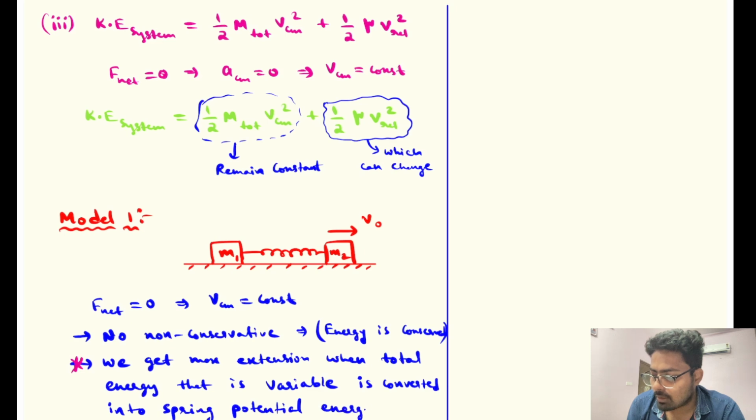That means, simple, done. The total variable energy is what?